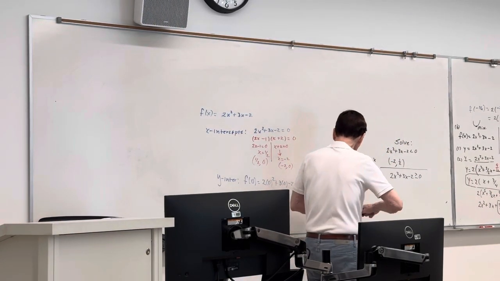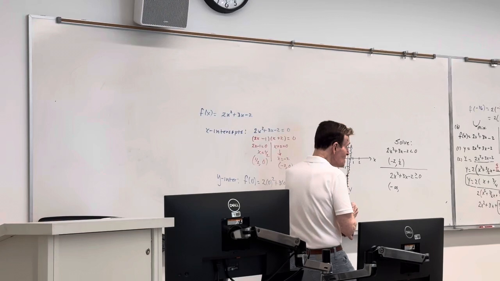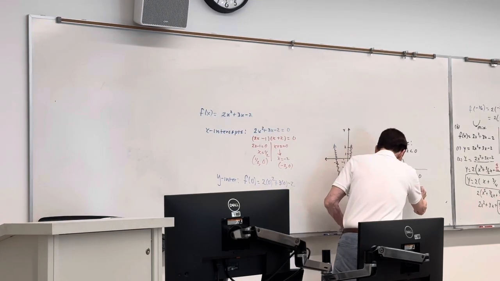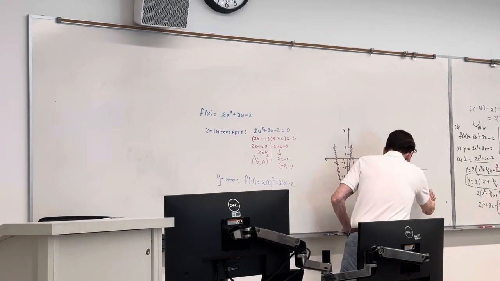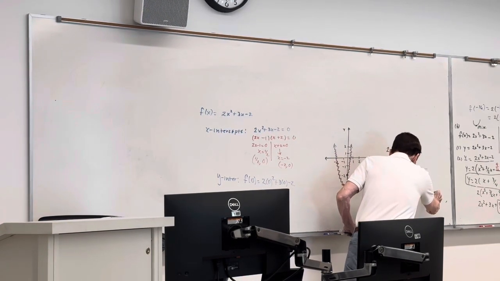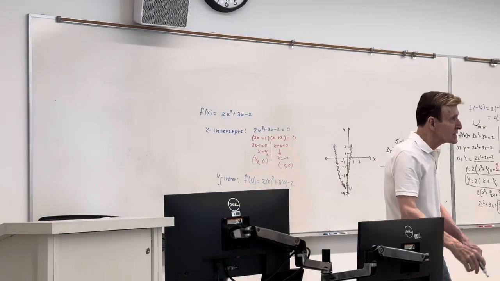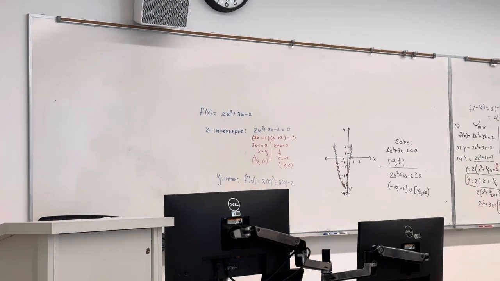I believe it's parentheses negative infinity to bracket -2. Love it. Union bracket 1/2 to infinity. Look at that. There's the answer. Sign analysis not touched. It's based on the graph.